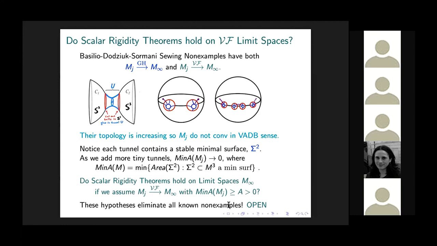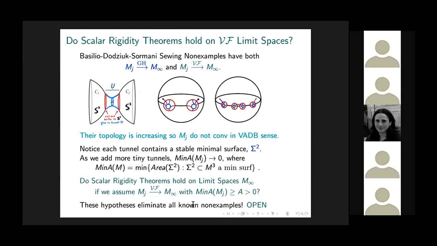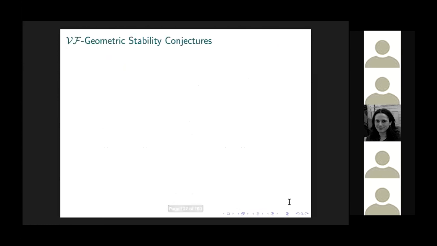They have an interesting pulling effect where you can pull a geodesic to a shorter length, not all the way to 0, but to a shorter length, I think. They don't need tunnels to do it, but they need dimension 4 and up. So there are no known non-examples in dimension 3, except ones that involve tunnels. So it's an interesting question to try to find new examples. And everything here is 3-dimensional, all these conjectures.